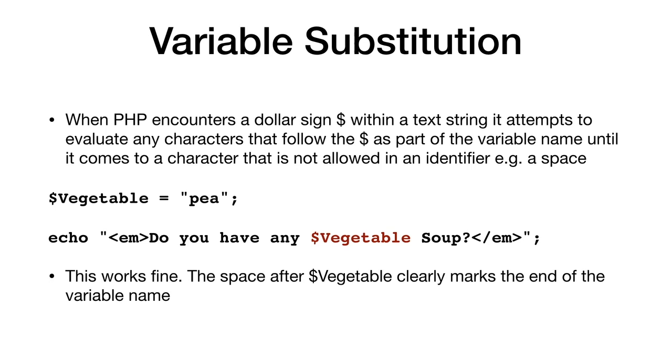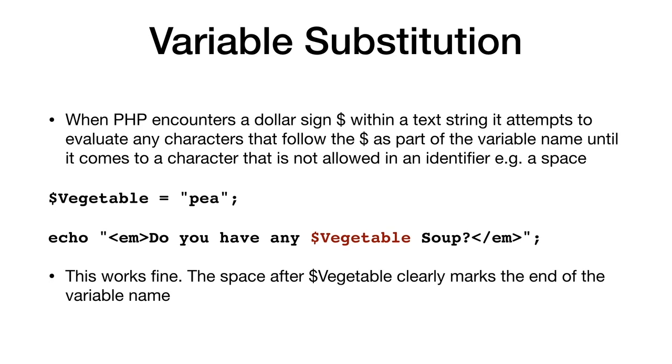So whenever PHP encounters a dollar sign within a text string that is in double quotes, it attempts to evaluate any characters that follow the dollar sign as part of the variable name until it comes to a character that can't be part of a variable name, such as a space. So if we were to say variable vegetable gets pea, then we could echo, do you have any $vegetable soup, and the variable will be substituted for pea.